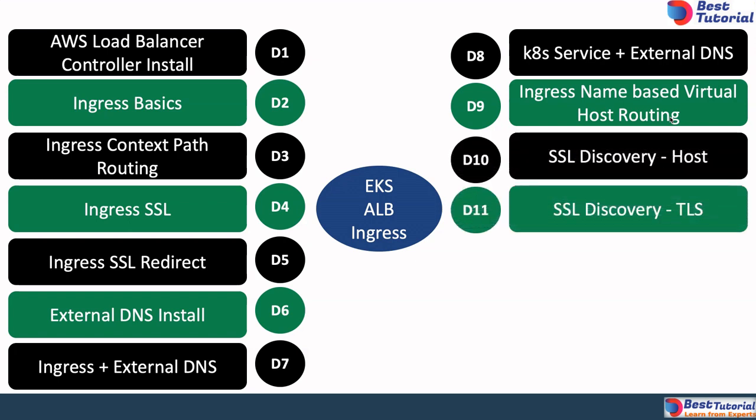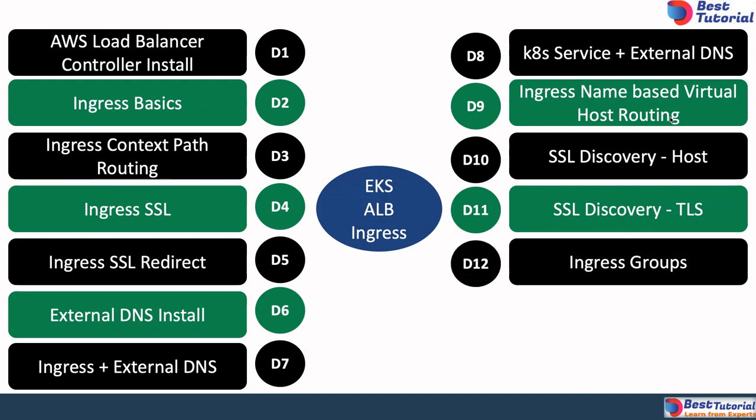And after that, we are also going to implement SSL discovery host and SSL discovery TLS. Without hard coding the AWS certificate manager certificate ARN in your Ingress, you can use options like SSL discovery host and SSL discovery TLS. Those things also we are going to learn in detail with practical demos.